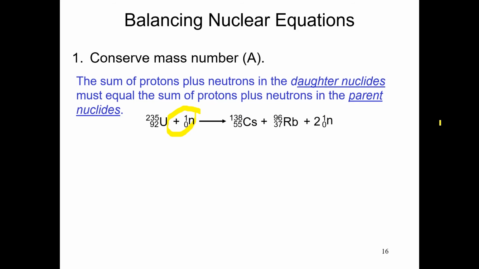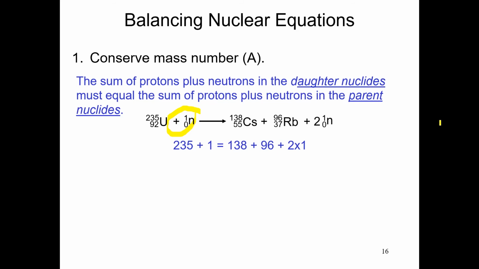Now, to apply this rule, we're going to look across the top. In other words, the sum of the numbers across the top, the A values, has to be equal. So on the left, we would have 235 plus 1. And on the right, we would have 138 plus 96 plus 2 times the value of 1 for a neutron.